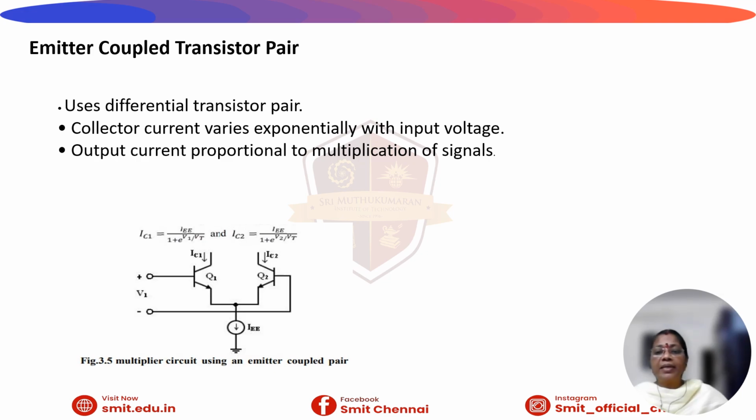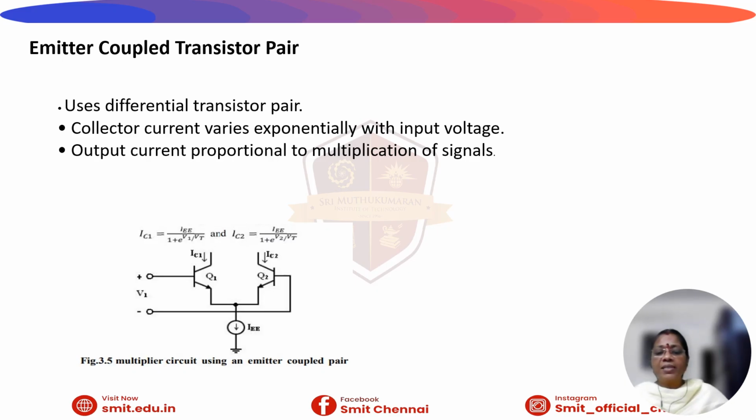Instead of turning a transistor fully on or off, this circuit steers a fixed total current IEE between the two branches depending on the difference in base voltages. When a small differential voltage is applied at the base of the two transistors Q1 and Q2, the circuit amplifies the difference between the two signals, whereas it rejects the common signals.